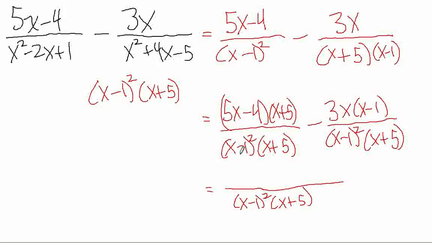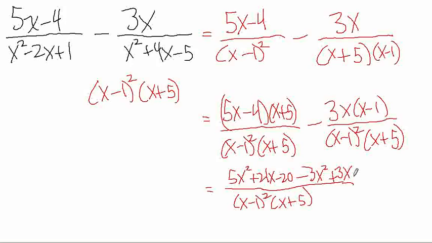Let me expand the two numerators. So 5x squared plus 21x minus 20, and dealing with the minus signs with care, the second numerator is going to contribute the following: minus 3x squared plus 3x.